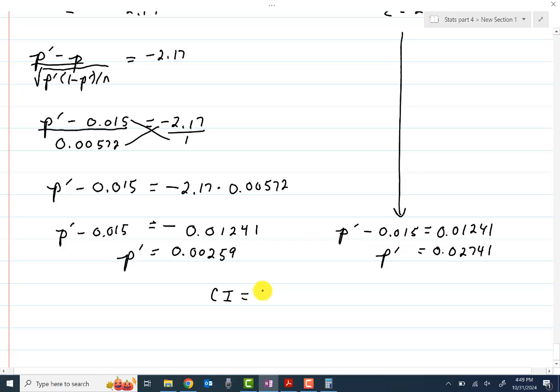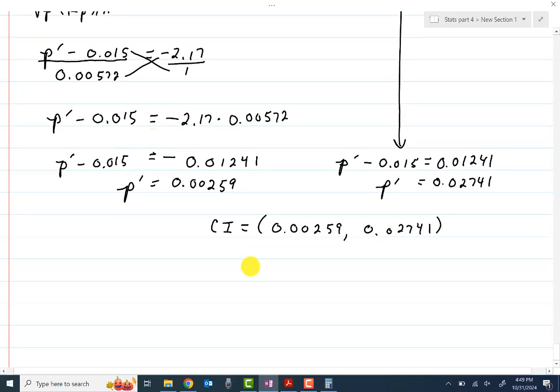So our confidence interval will equal 0.00259 up to 0.02741. If you go to percentages, it might look better, but I'm not going to require that you put your answers in any particular format. So there's our estimate, anywhere from a little more than 0.25% to 2 3/4%.